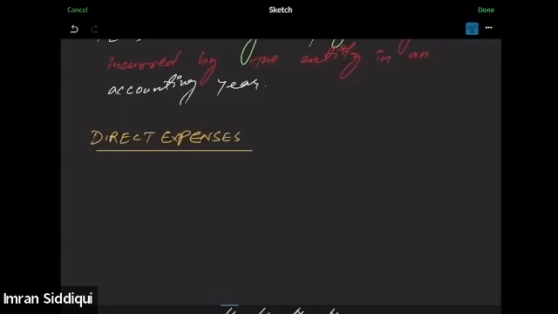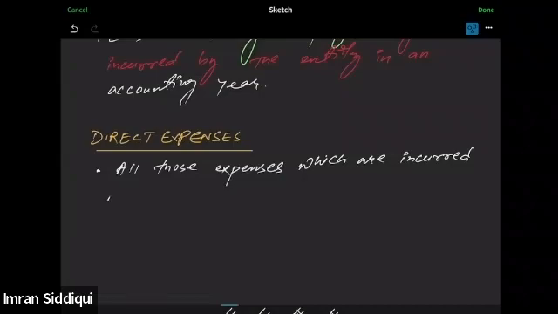So, just a minute, let me write that down. Direct expenses: all those expenses which are incurred on production or purchase of goods.